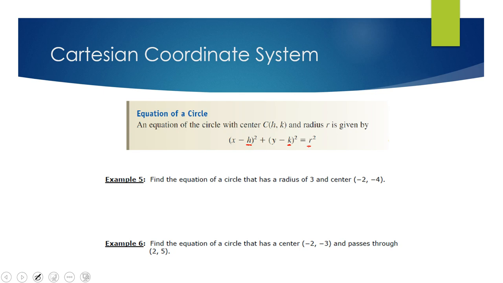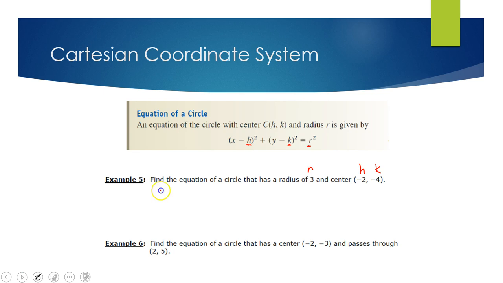Well, that means for us, when I look at example 5, first I want to find the equation of a circle that has a radius of 3 and a center at -2, 4. So this is h, this is k, this is r. Pretty straightforward.